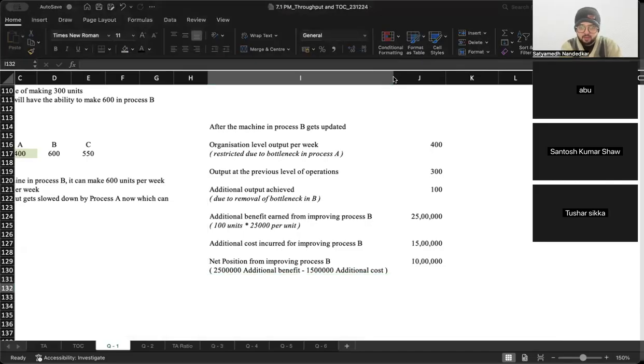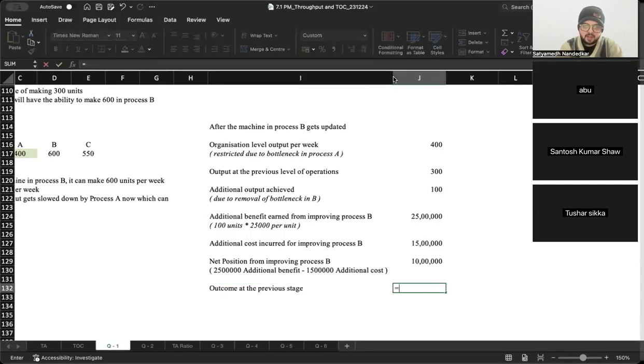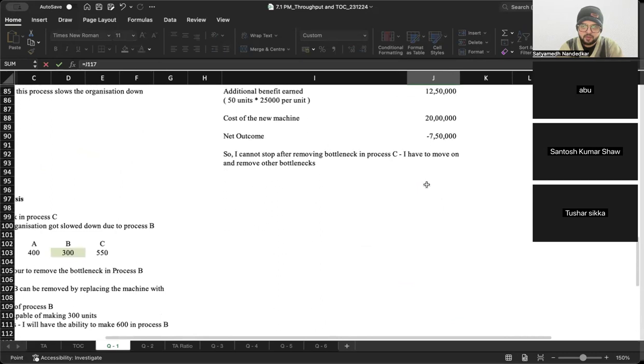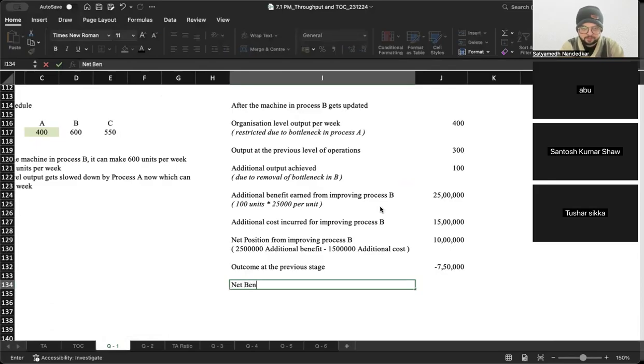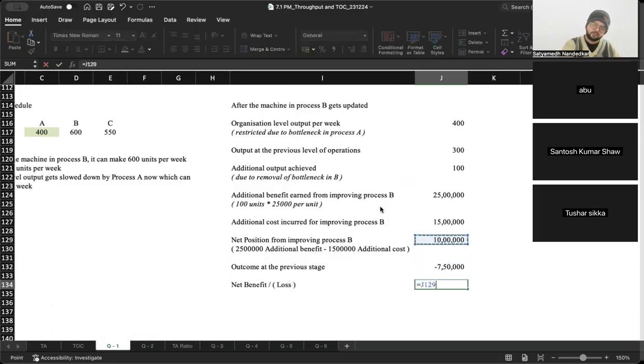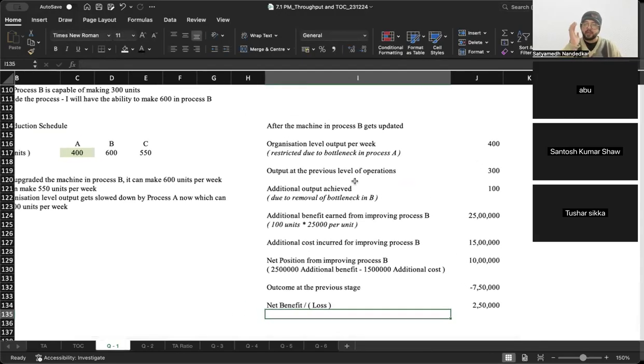And what was the outcome at the previous stage? Outcome at the previous stage was a loss of 7,50,000. So net benefit or loss: at least now after improving process B, you are in a better position.